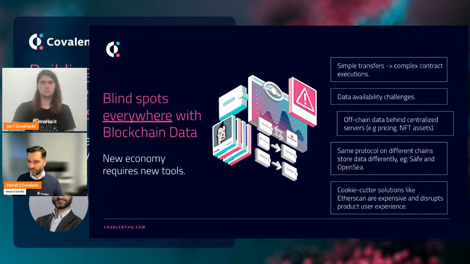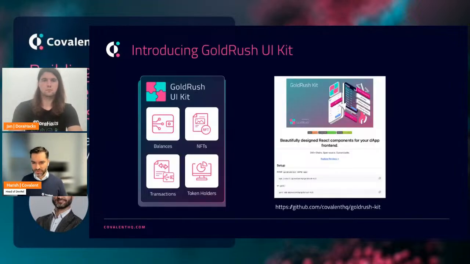And so what we're aiming to do is to enable developers to build things that are just extensions of their brand, and powered by this underlying on-chain data. So that's where GoldRush Kit comes into play. The idea is that if you want to leverage some fundamental primitives of on-chain data, things like token balances or NFT data or transaction records, or even just a list of token holders, you can do that quite effectively, especially if you're building things in a hackathon.